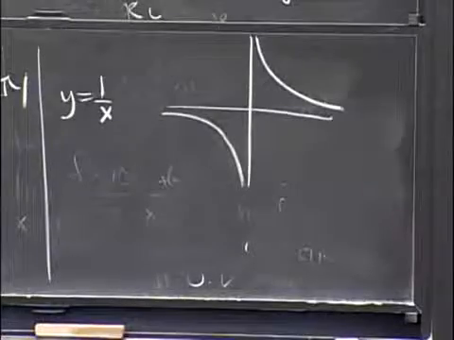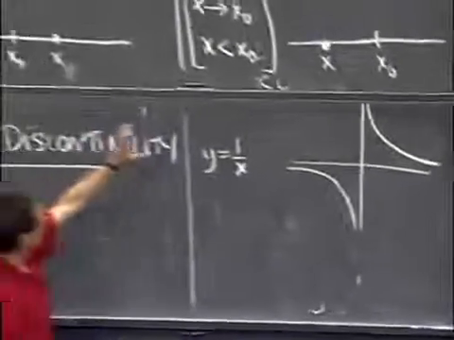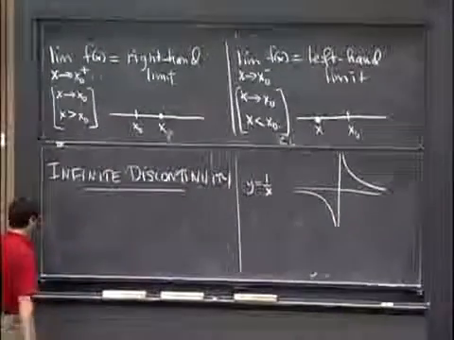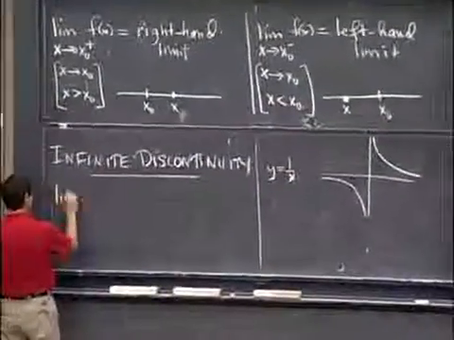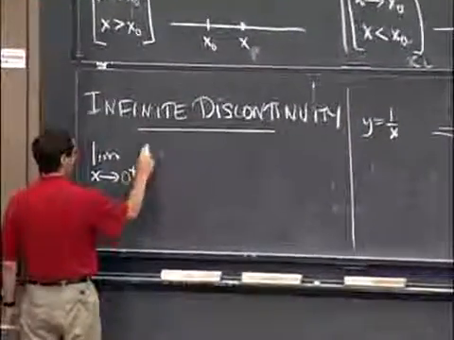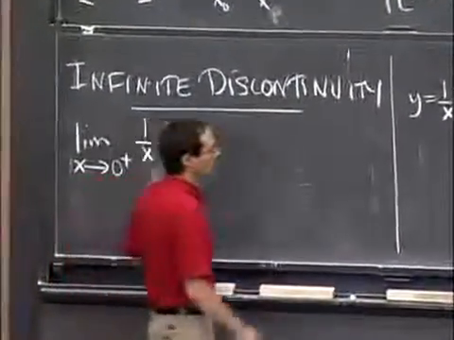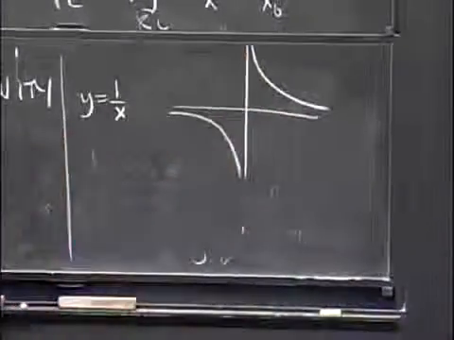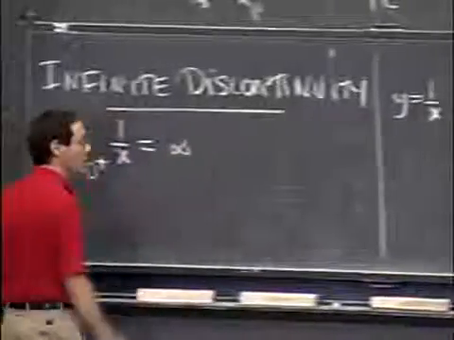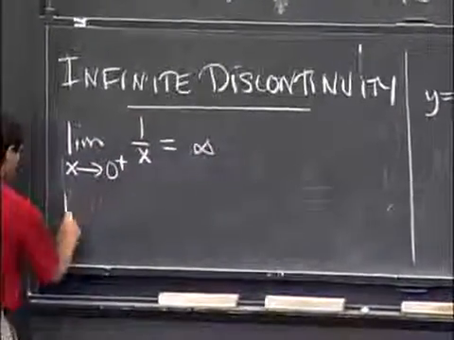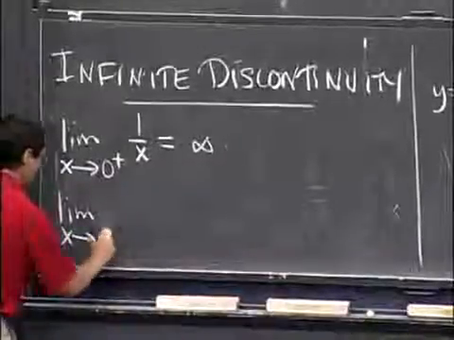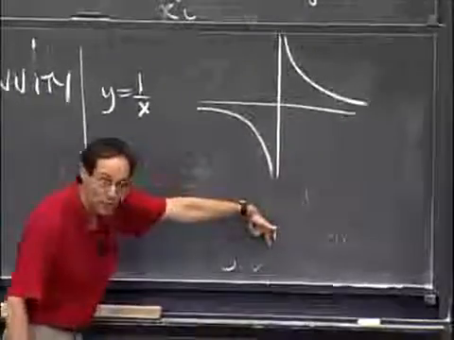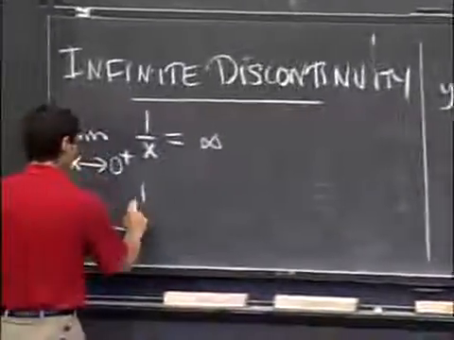And the convenience here of distinguishing the left and the right-hand limits is very important, because here I can write down that the limit as x goes to 0 plus of 1 over x, well, that's coming from the right, and it's going up. So this limit is infinity, whereas the limit in the other direction from the left, that one is going down, and so it's quite different.